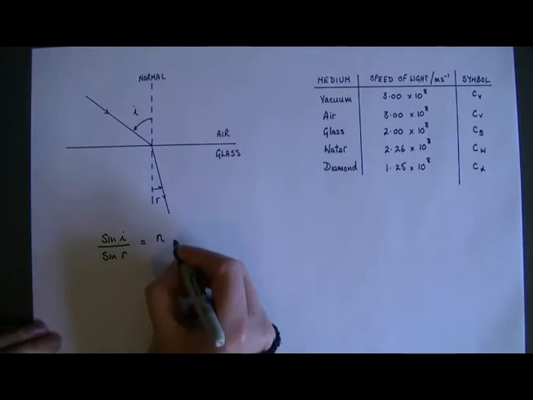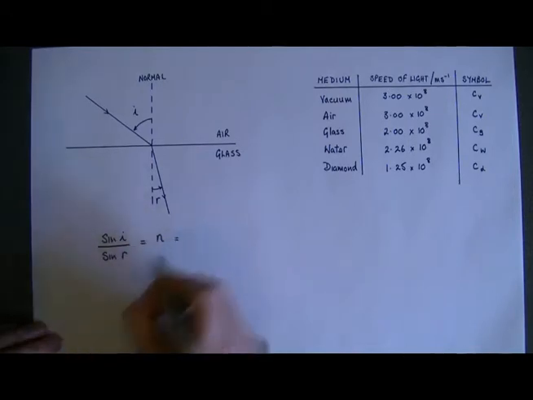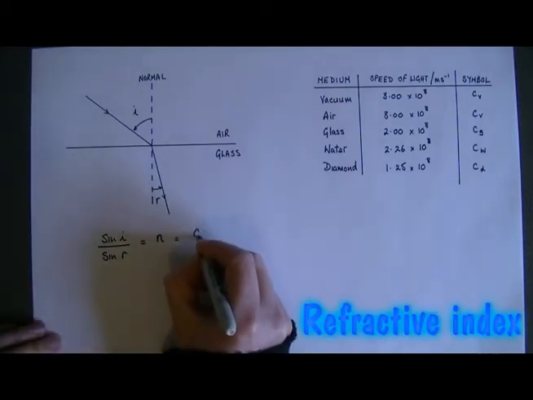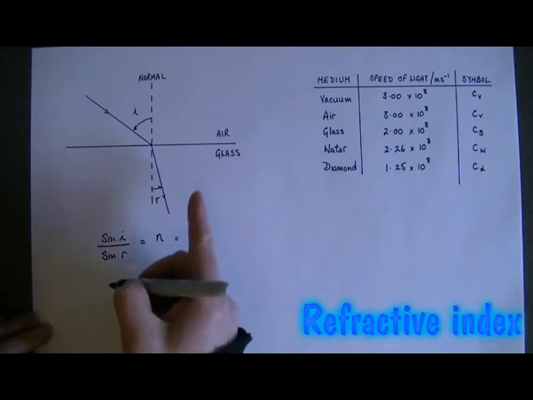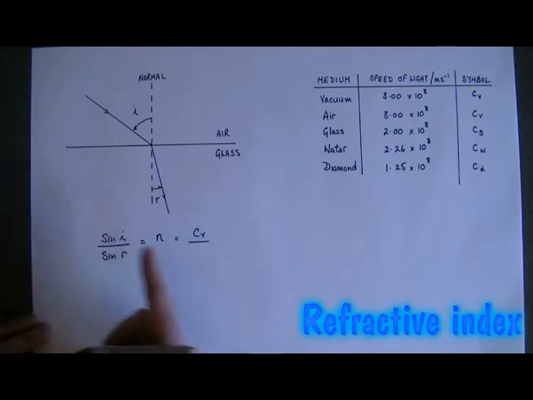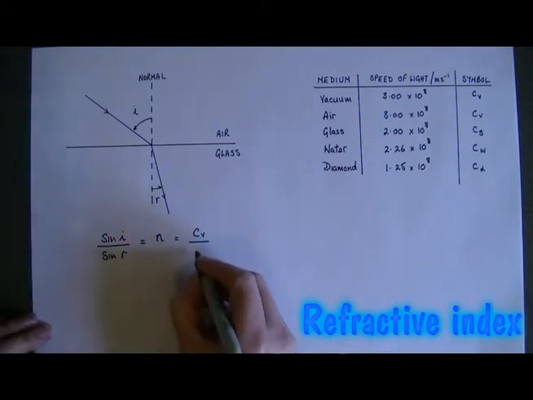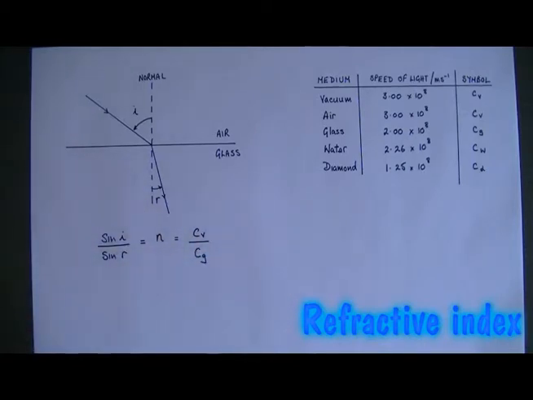And it turns out the refractive index is equal to the speed of light in a vacuum divided by the speed of light in the material that the light is going into. In this case, it's glass, so Cg.